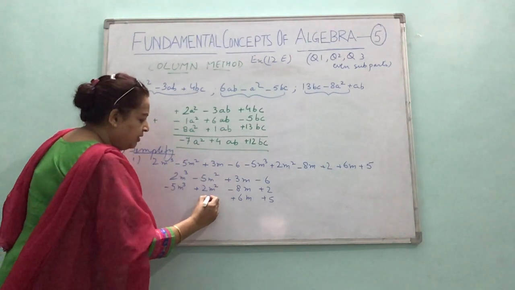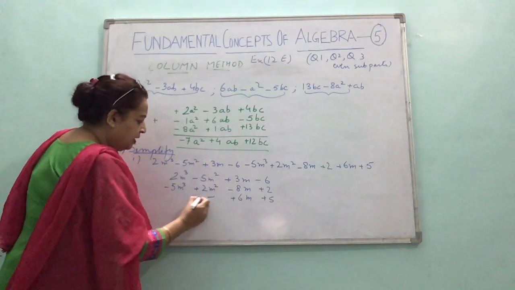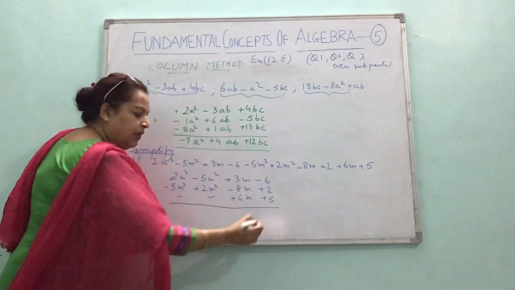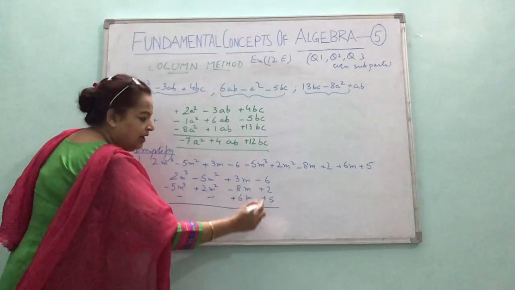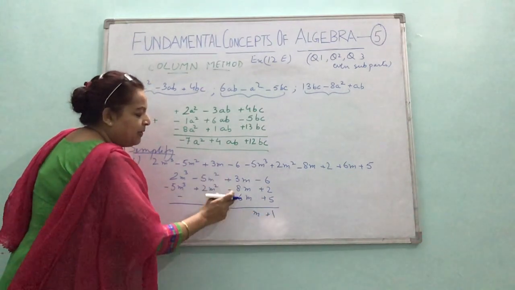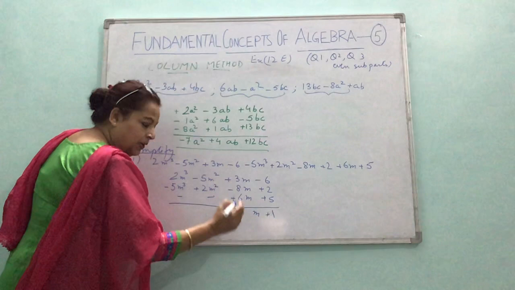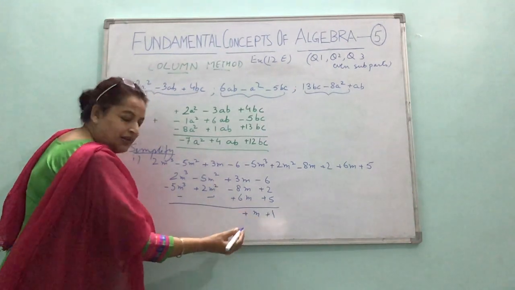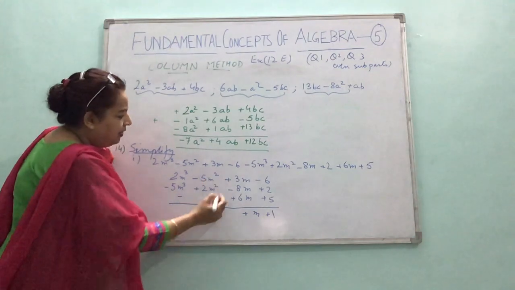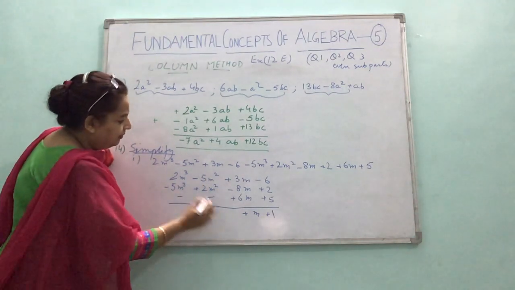There is nothing out here, a dash. Now add: 2 minus 5 is minus 3 m cube. Then constants: 7 minus 6, 1. m as such: 6 plus 3 is 9, minus 8, only 1m. So 1 we don't write. As I said, if you want you can write it, but it is not needed. Now here, this is the m square term.